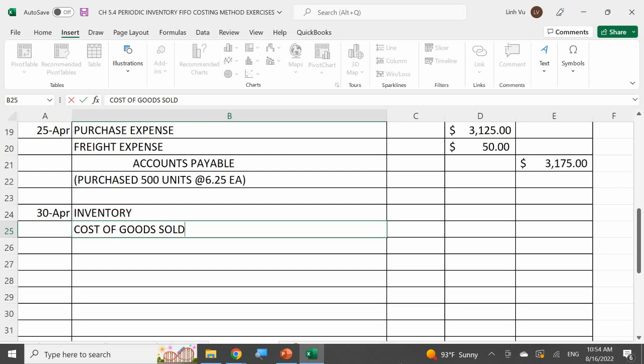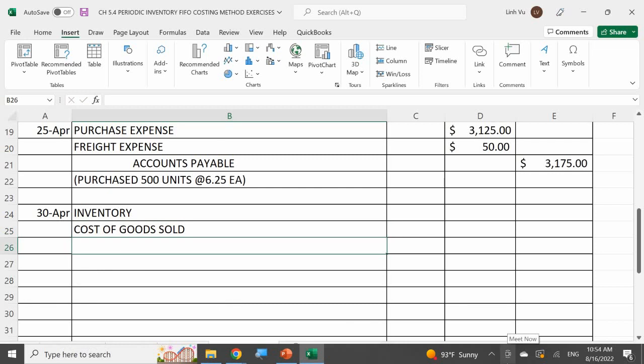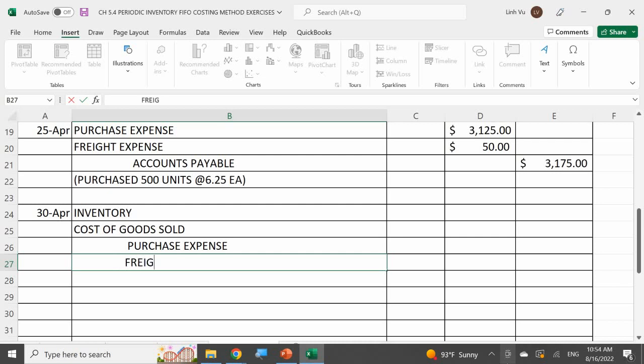Because we purchased them. And then last but not least, since we're going to be emptying out and zeroing out our expenses, we're going to be crediting our purchase expense. This is the only occasion where you will actually be crediting your expenses, because at the end of the day, what are we doing? We're emptying out these buckets.